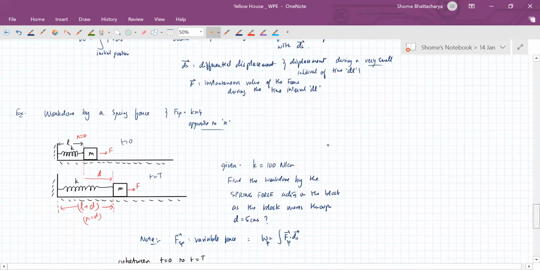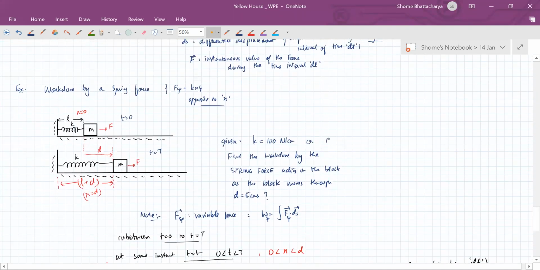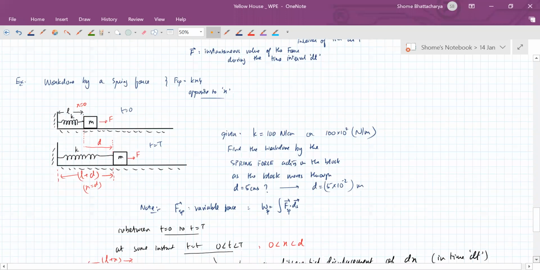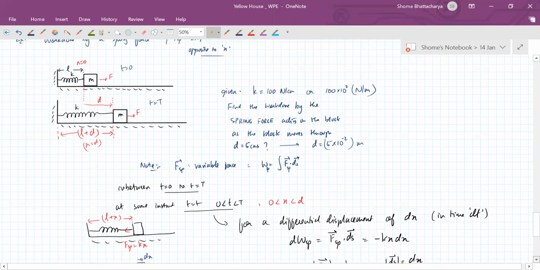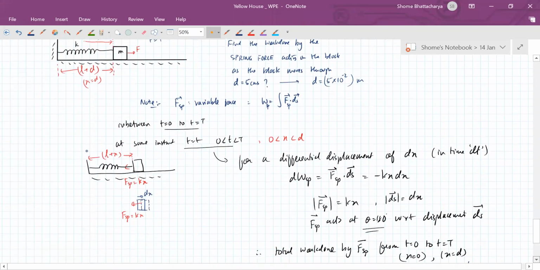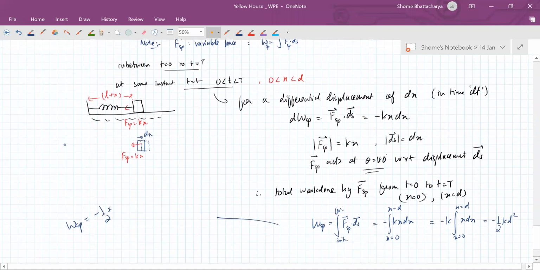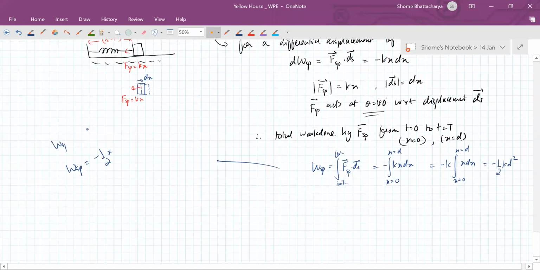how much was the spring constant? This much, or in SI unit it was this. Just substitute the values.